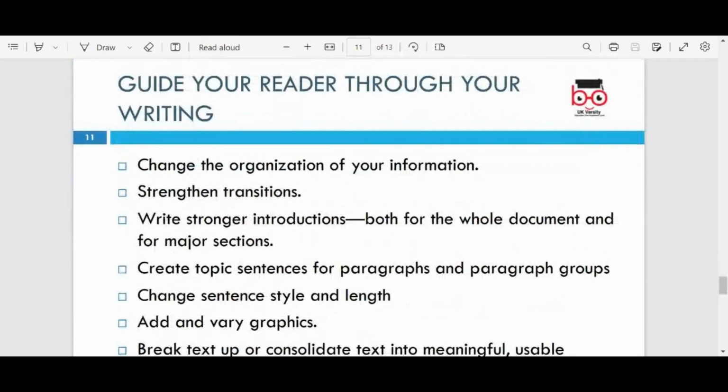Strengthen transitions. Write stronger introductions both for the whole document and for major sections. You need to be able to write a stronger introduction to attract more people. If you are writing an introduction about something, you want to attract people. Why do you want to attract more people?